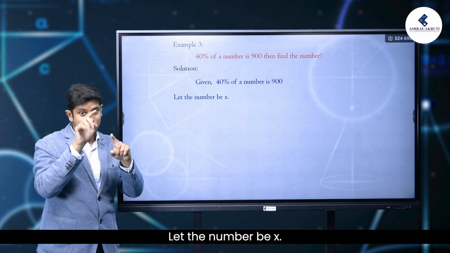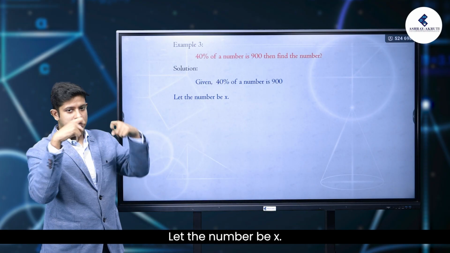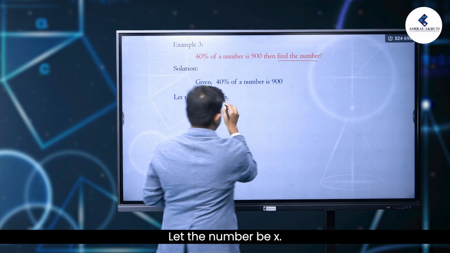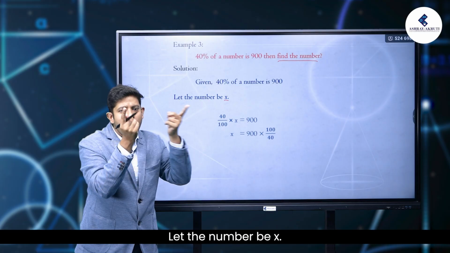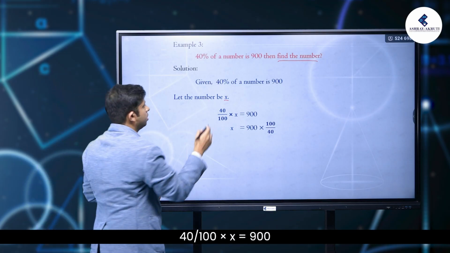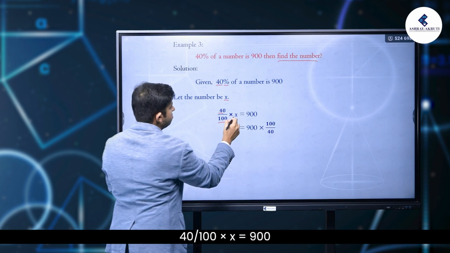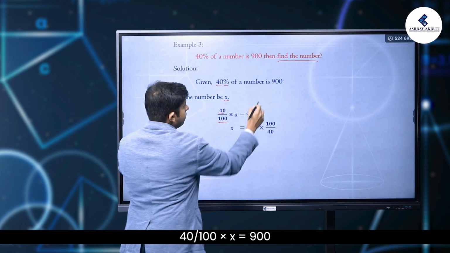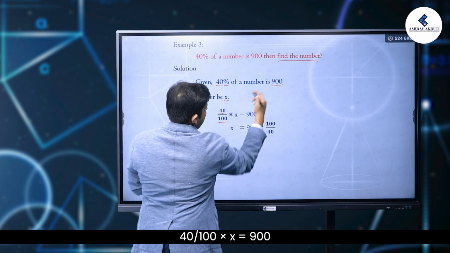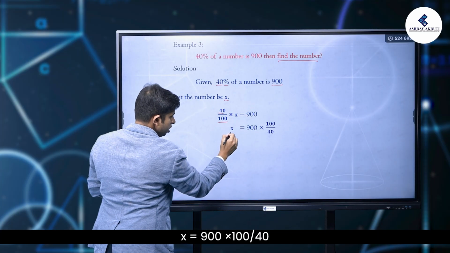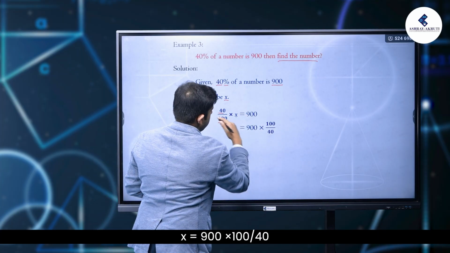Let the number be x. 40 by 100 into x equals 900. x equals 900 into 100 by 40.